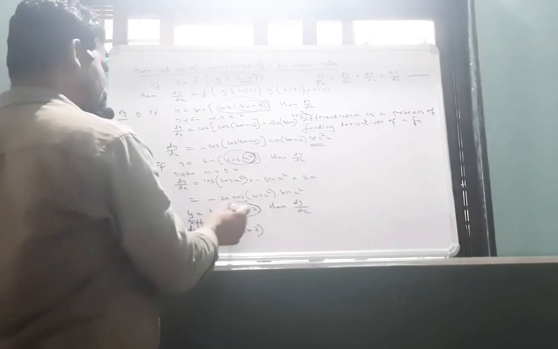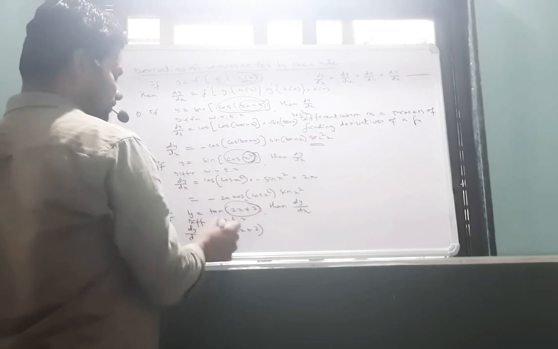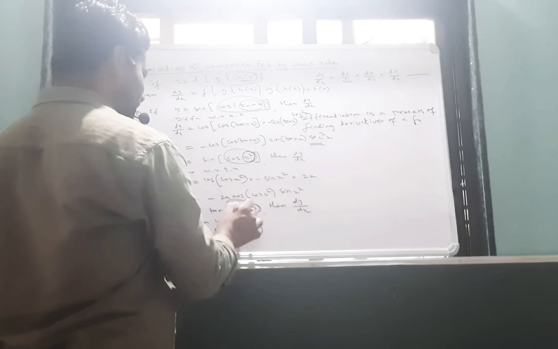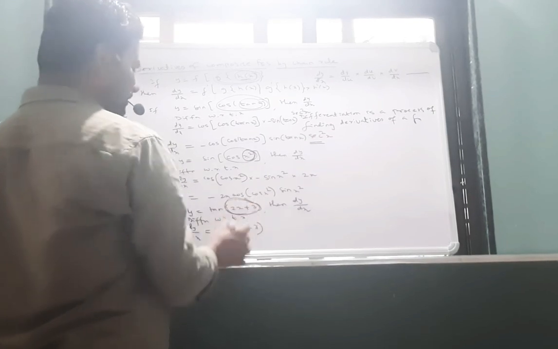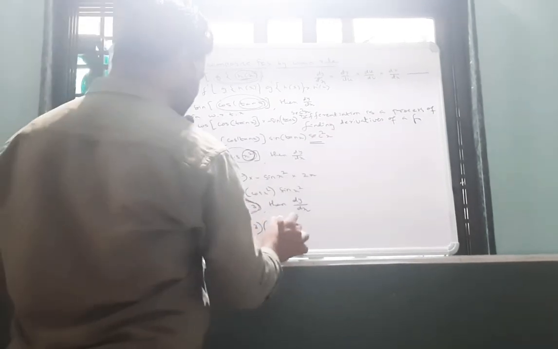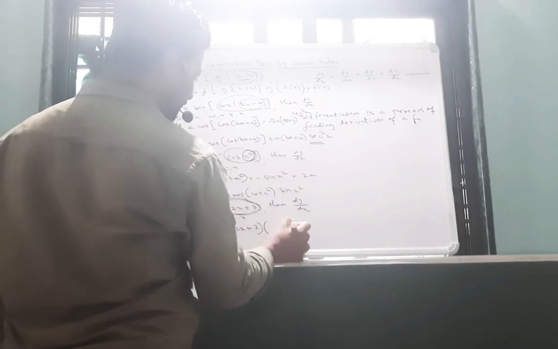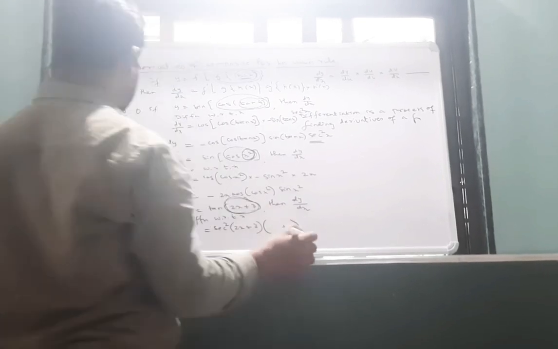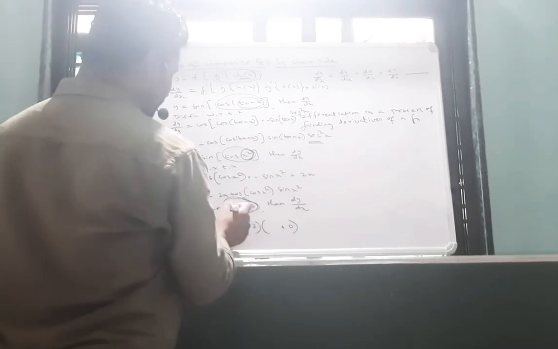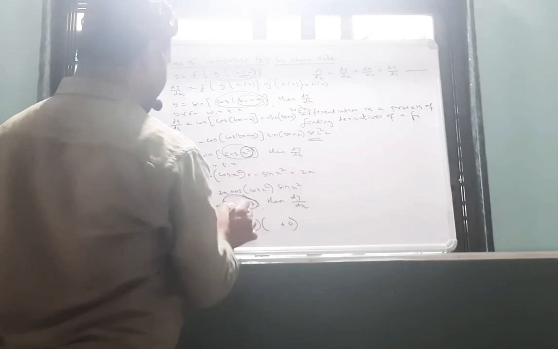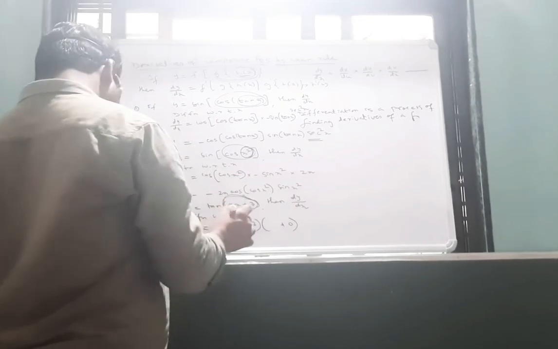Then you have to multiply by the derivative of 2x plus 3, that is the derivative of u. What is the derivative of 2x plus 3? Plus is there, keep it as it is. 3 is a constant, there is no variable, and the derivative of a constant is 0. And the derivative of 2x: here 2 is a constant, but along with x it is a variable term.